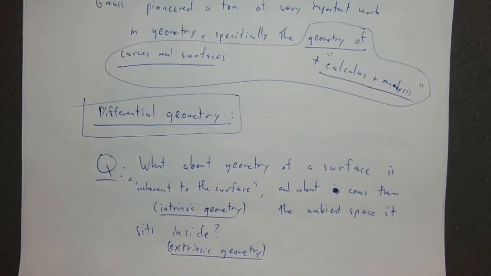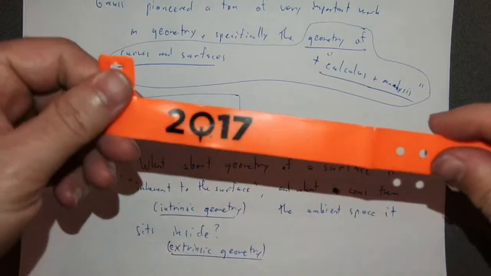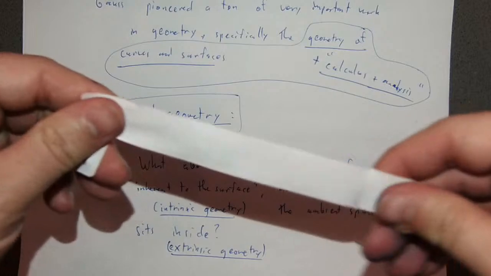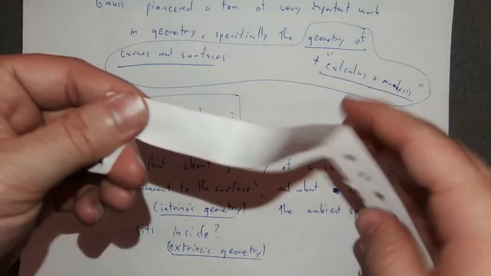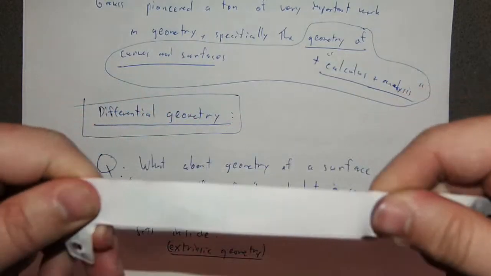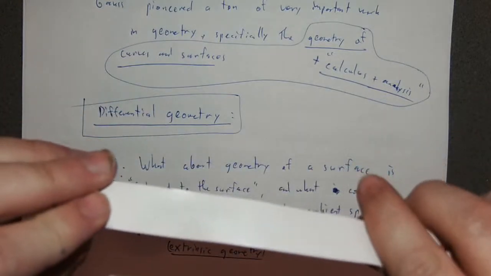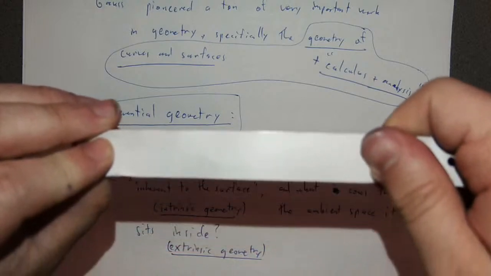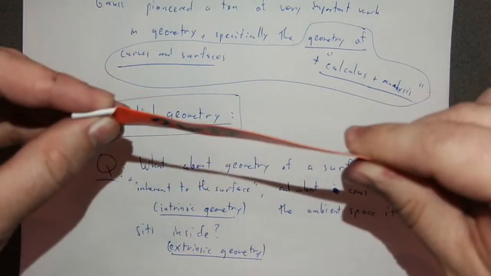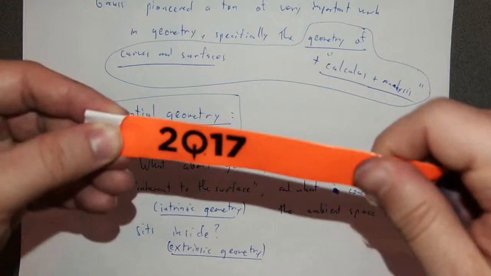The idea being, I could take almost anything you can dream up. Here's a strip. Consider this strip as a surface sitting in space. You might say, what if I have it held like this, and I'm only thinking about this piece of the strip? You could talk about the geometry of that, and the strip itself has some geometric quantities and qualities.